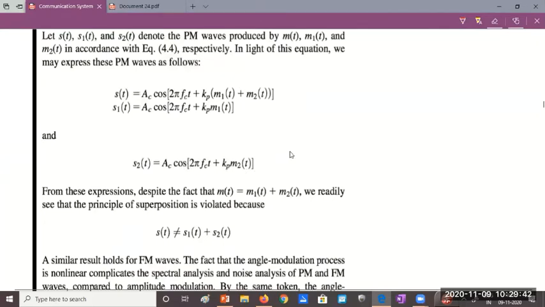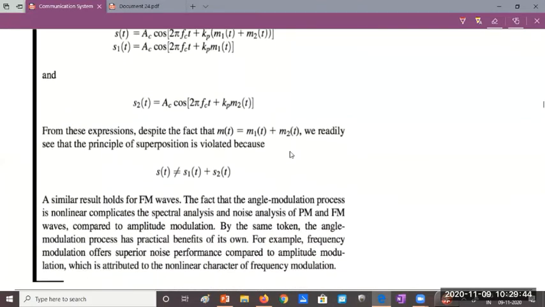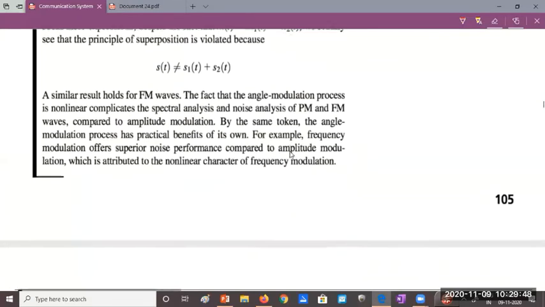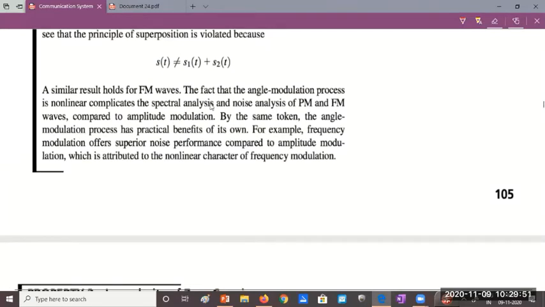So another very important property of angle modulated signals is their non-linearity. Though this non-linearity makes it difficult for us to analyze noise effects and other things, it is a very useful property here.